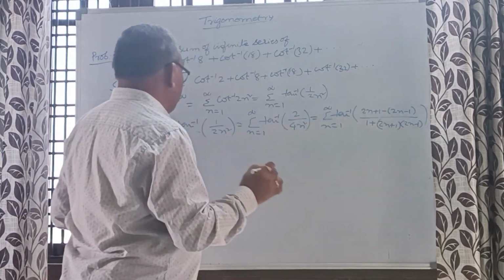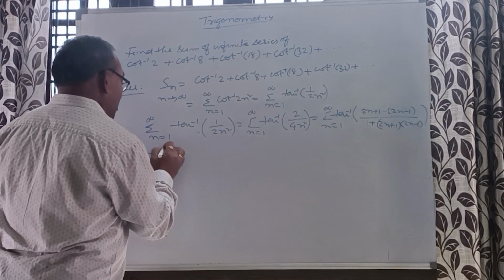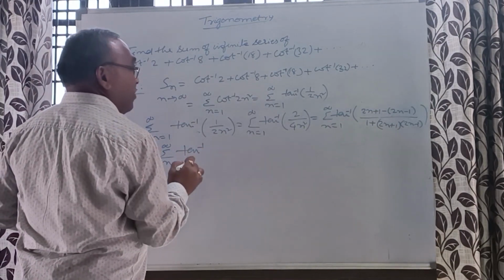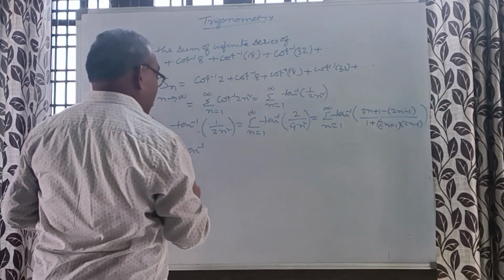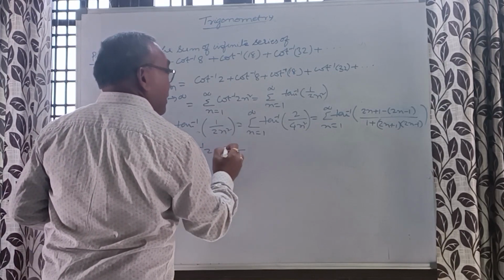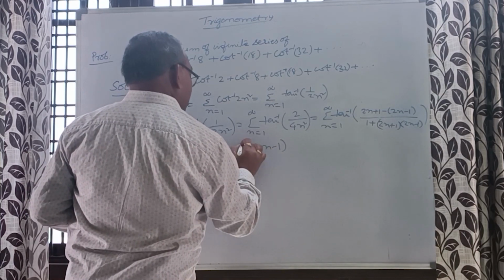This is equal to the sum from n is equal to 1 to infinity of tan inverse of 2n plus 1 minus 2n minus 1.